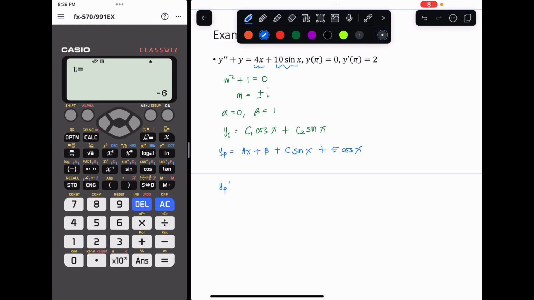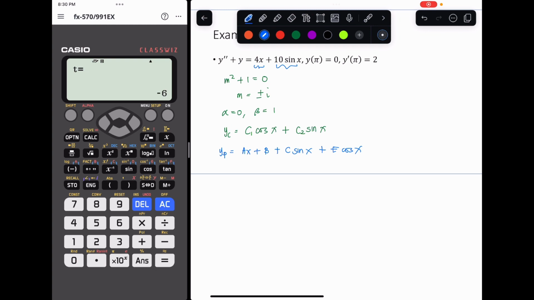It just so happens that the terms in our yp are the same as those of our complementary solution. The sine x is the same as the c2 sine x, and e cosine x is the same as the c1 cosine x.